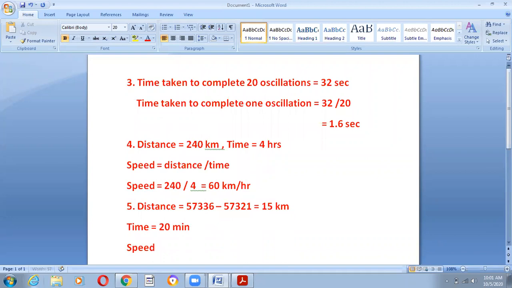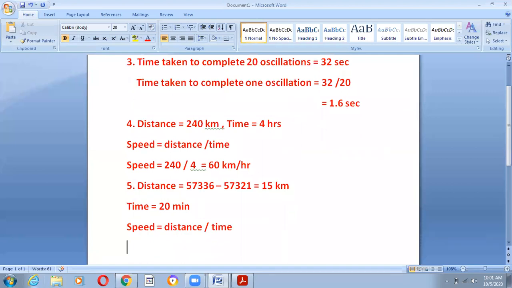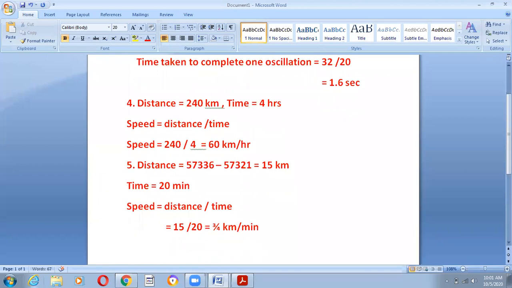Now simply put the values. Speed is equal to distance upon time. So it will become 15 divided by 20. That is equal to 3/4 kilometer per minute. Right? Now we have to calculate speed in kilometer per hour.